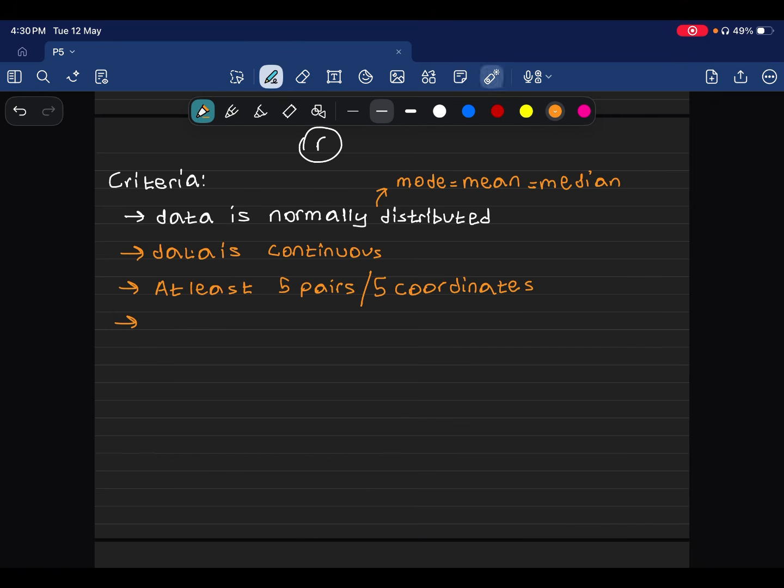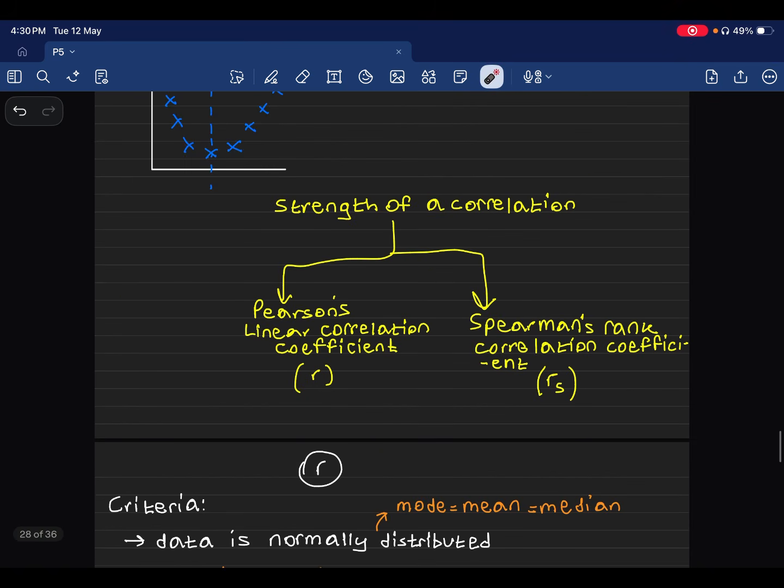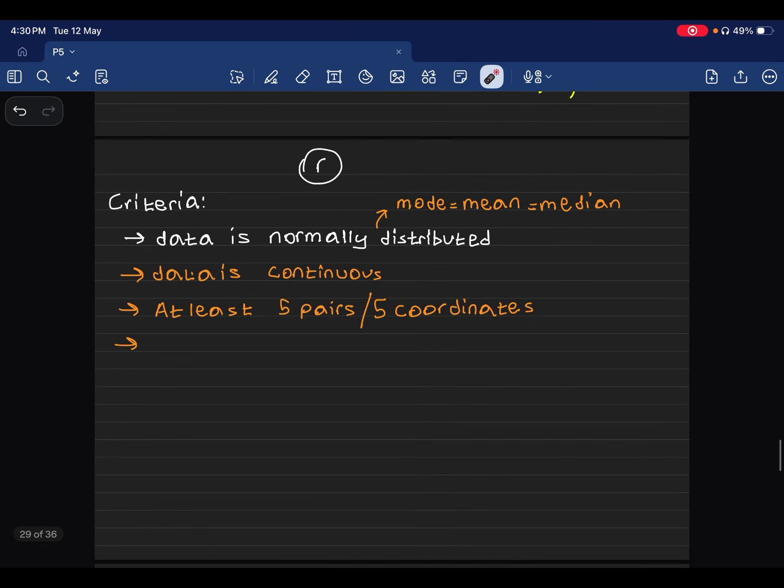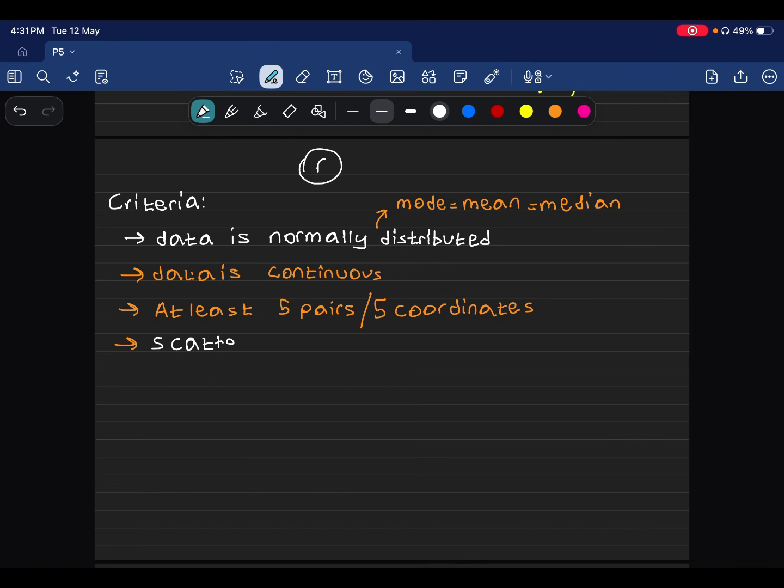And number 4, take a look at what the name of this coefficient is. Pearson's linear correlation coefficient. The word linear is in the name. What is that telling you? That you can only use this coefficient in those situations wherein the scatter plot or the scatter graph shows linear correlation.